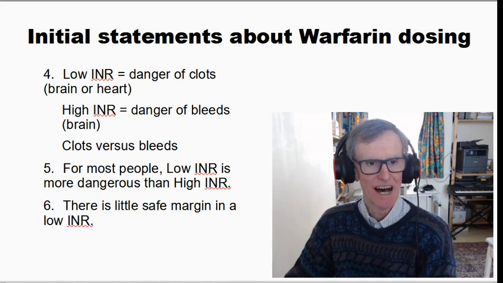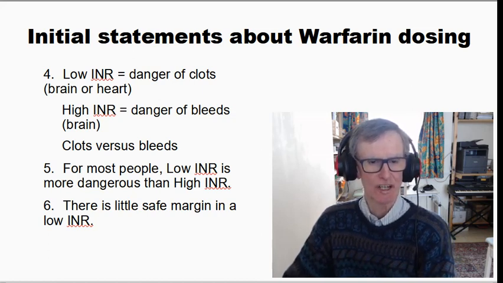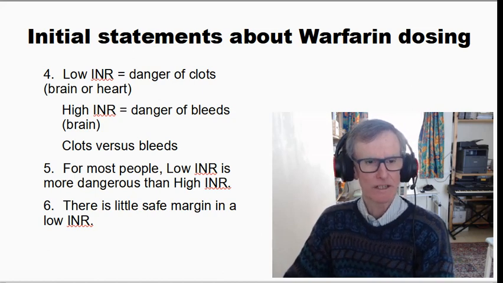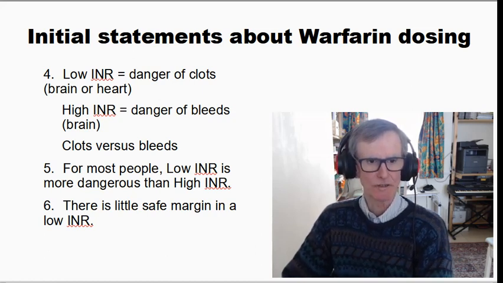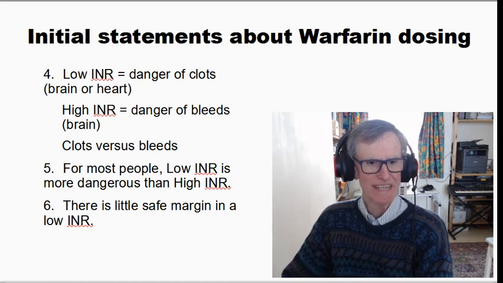Low INR basically leads to a greater danger of clots, blood clots, particularly in the brain or the heart, whereas a high INR leads to a greater danger of bleeds, especially in the brain, unstoppable bleeds. And so there's always the tension of clots versus bleeds.